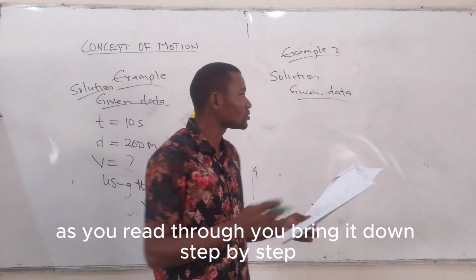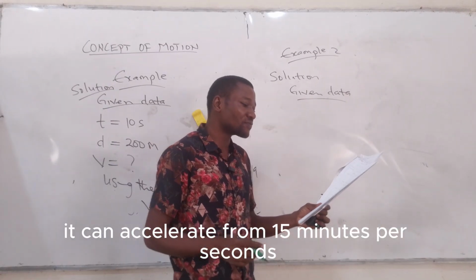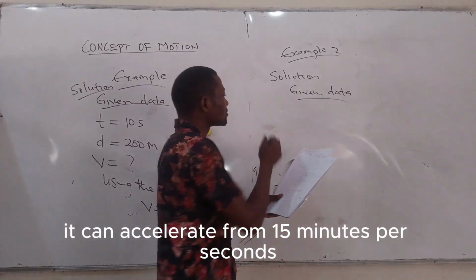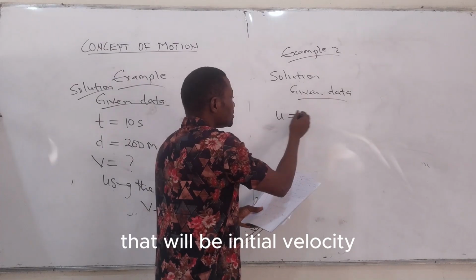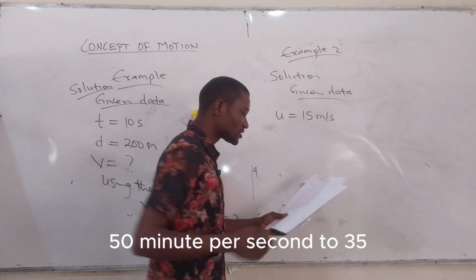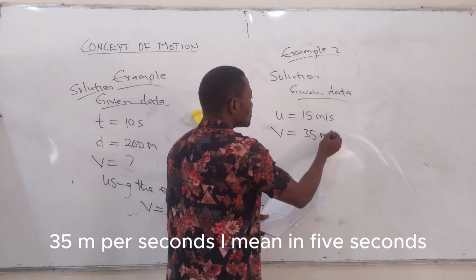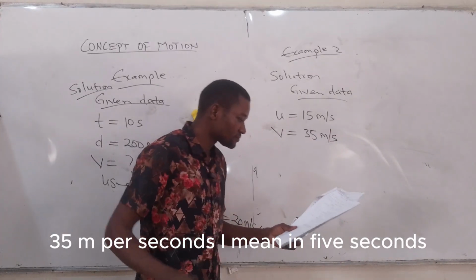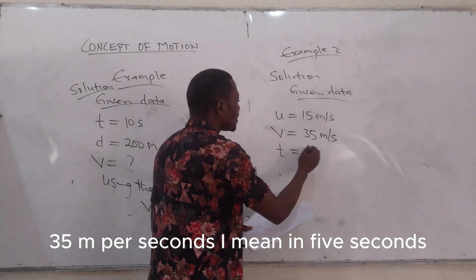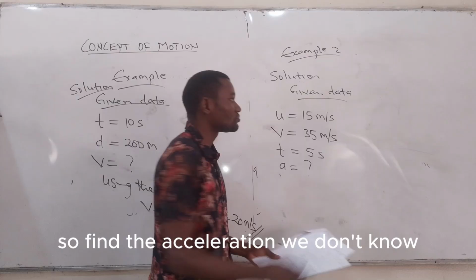As you read through, you bring it down step by step. A car accelerates from 15 meters per second, that would be the initial velocity, to 35 meters per second, in 5 seconds. So find the acceleration. We don't know.